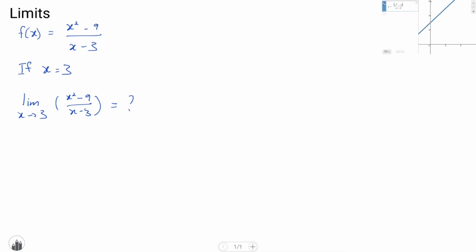Method 1 that you could use is to substitute values of x that are really, really close to 3.